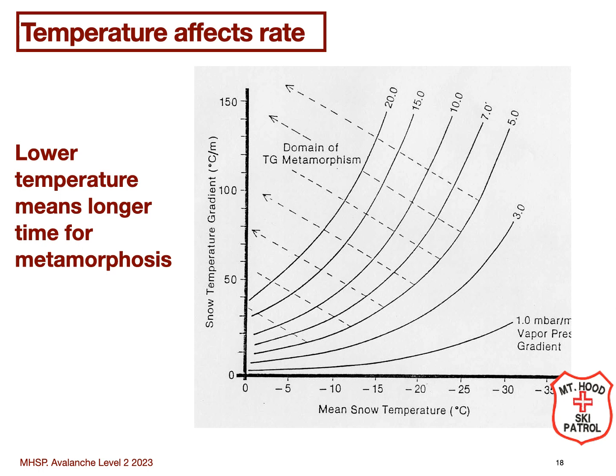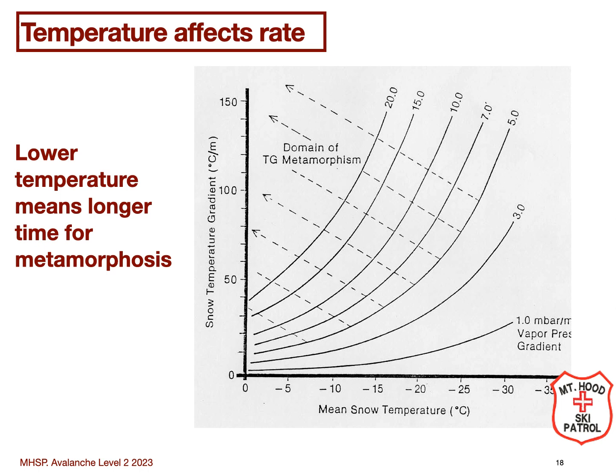As temperature decreases, the rate of crystal formation drops rapidly. For example, if we look at the horizontal axis at minus 5 degrees centigrade, a 10 degrees centigrade per meter temperature gradient is necessary to drive faceting metamorphosis.